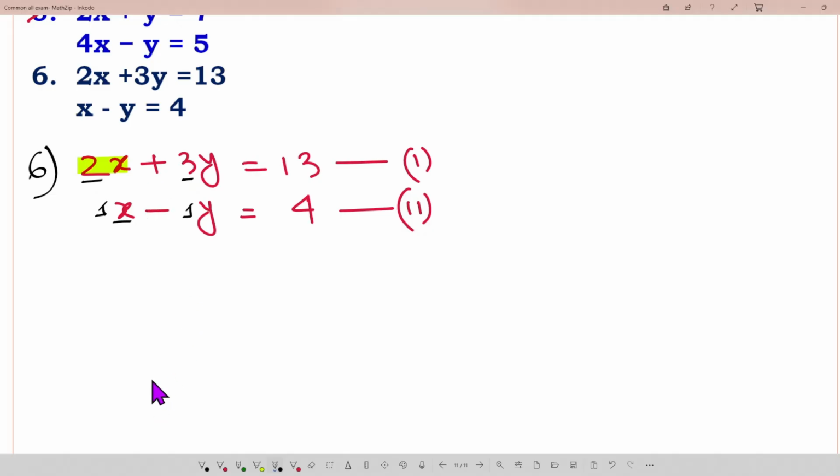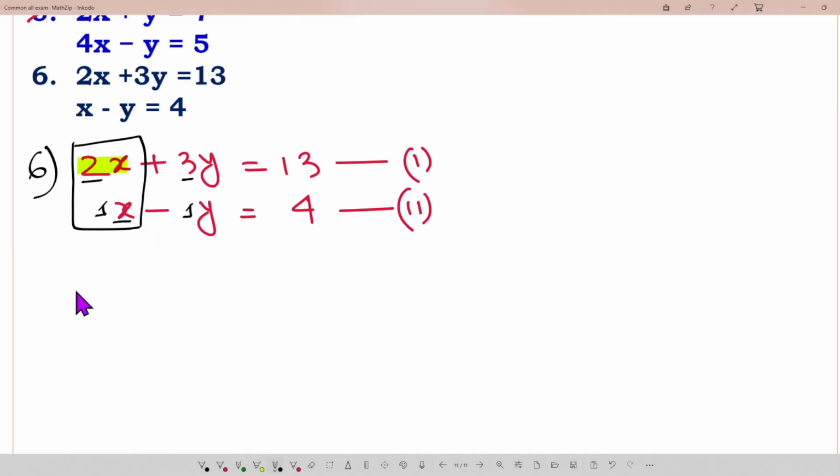So first we have to eliminate one variable, either x or y. Okay, so in this case we can write like, if we multiply equation 2 by 2, then x will be eliminated. How?